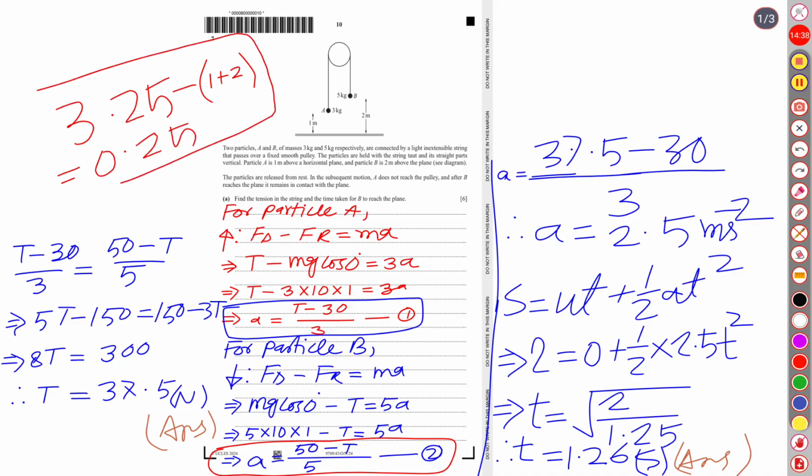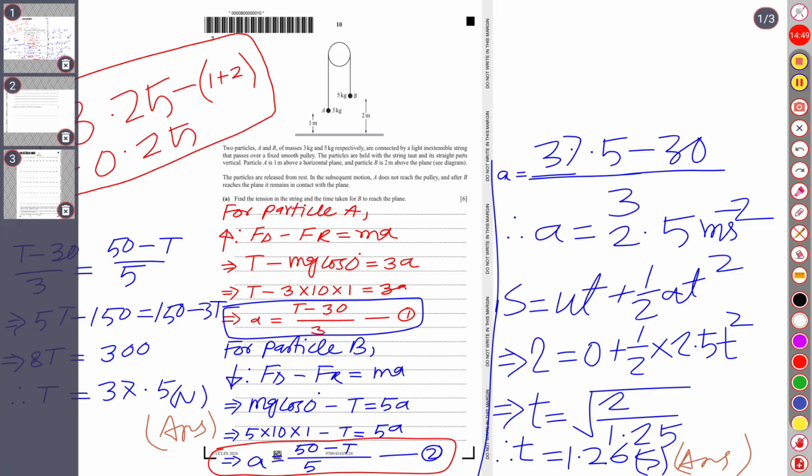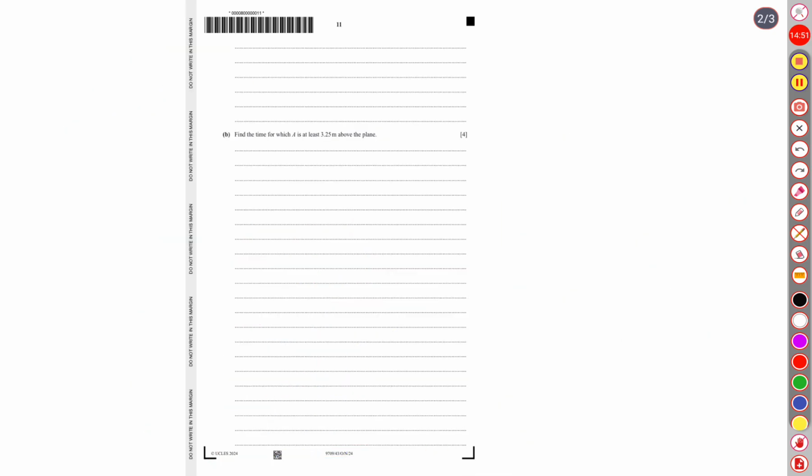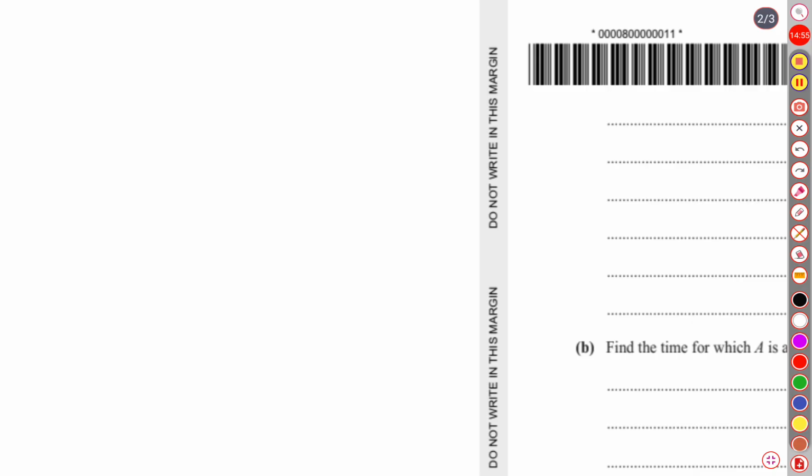So they have told us to find the time when the particle was at least 0.25 meter above, but there is a little twist in this question. They try to make us understand that at one stage A was moving up. Suppose A was over here.